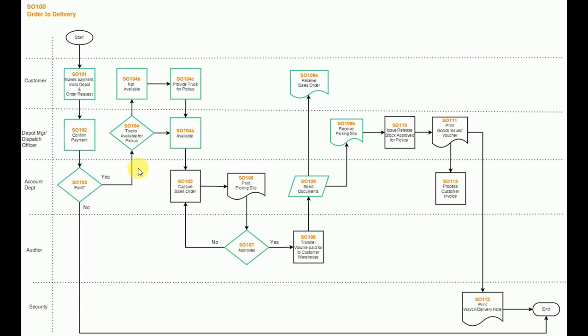If you look at each of the tasks on this process, you see two colors. There is a green and there is a black. A green means processes that are not done within the system, while black means they are done within the system. So that particular process is automated.